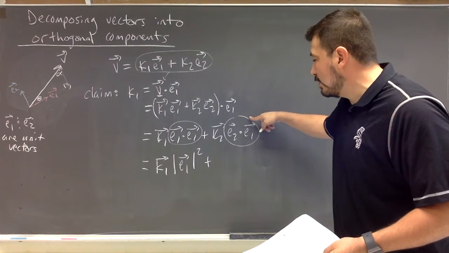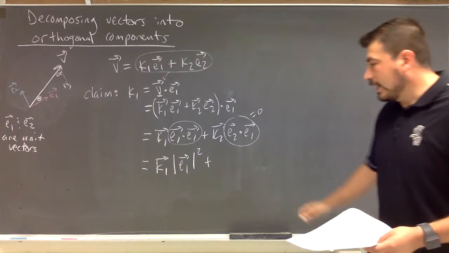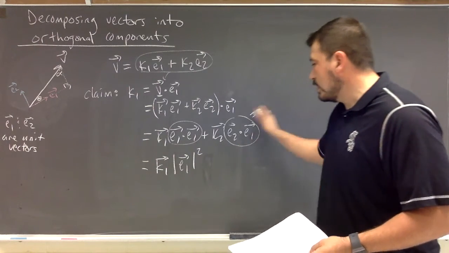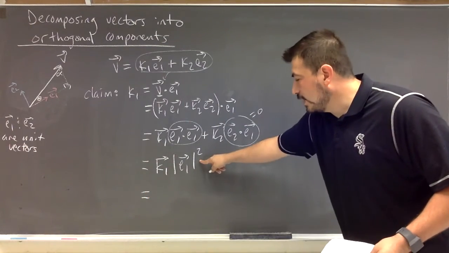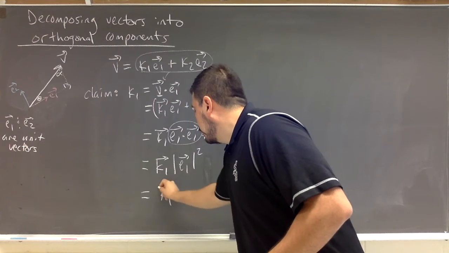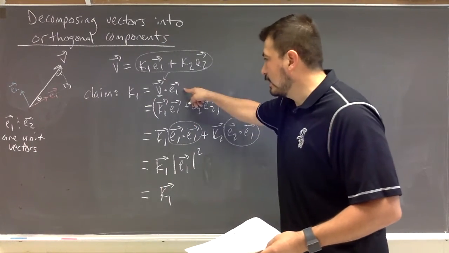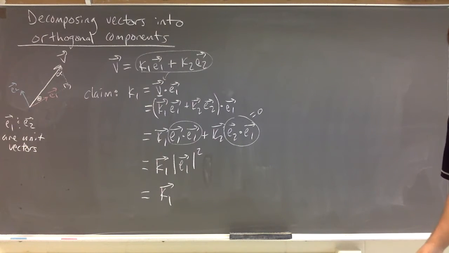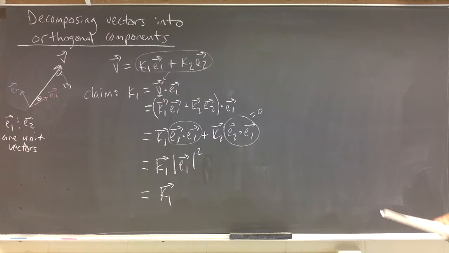Anytime we have the dot product of orthogonal vectors, that dot product is going to be 0, so this term just disappears. And because we know the magnitude of E1 is just 1, we have now verified that K1 is exactly the dot product of the original vector dotted with the directional unit vector that we're using to decompose it.